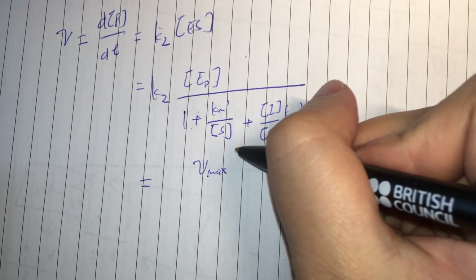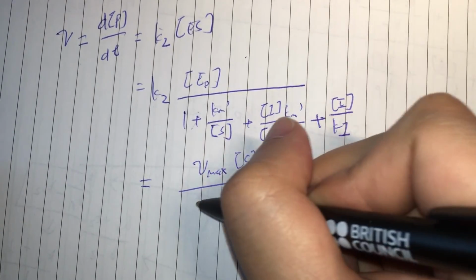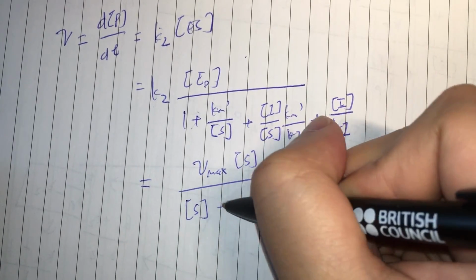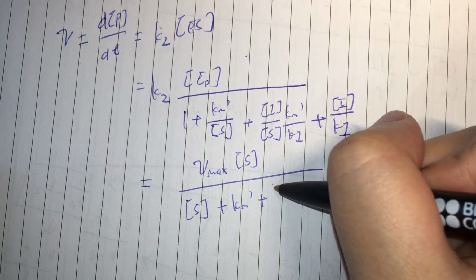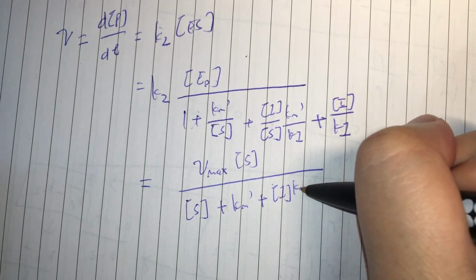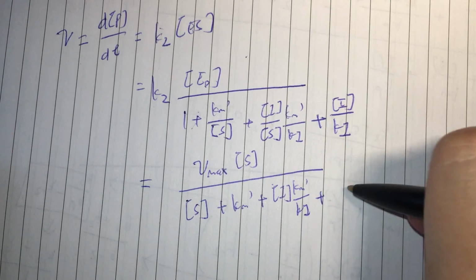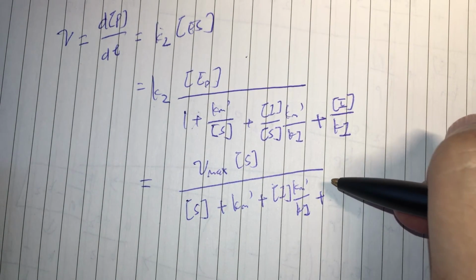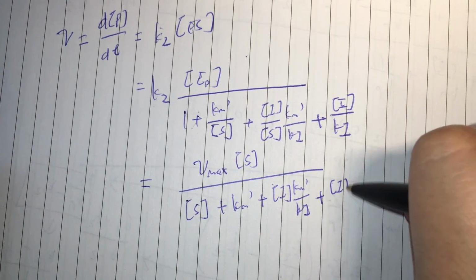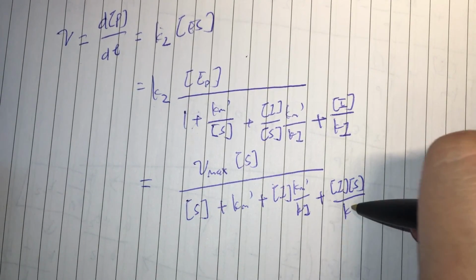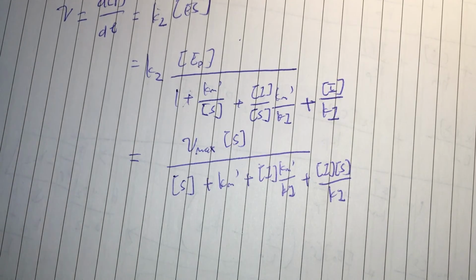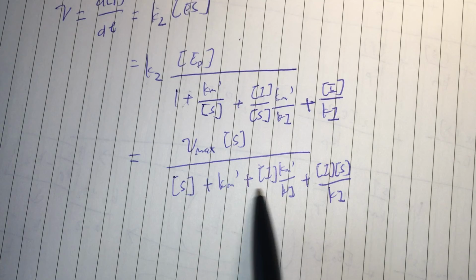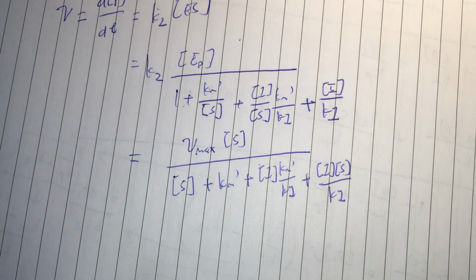So we have the Vmax again into S, so we have an S at the bottom plus Km prime plus I Km prime over Ki plus I into S over Ki. No problem there, right? So now we have this messy lot over here.